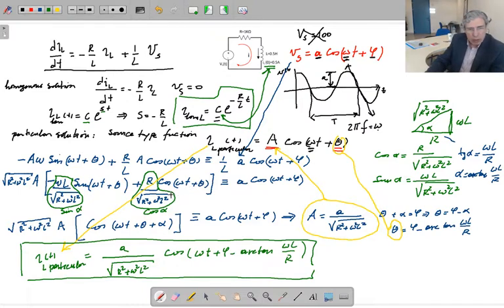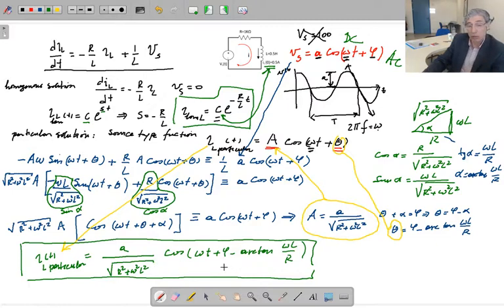Why did we explain all that? We said if we change the independent voltage source from DC to AC, what will change is that particular solution. How it changed, you could see. If it were DC, this particular solution was going to be a DC constant.